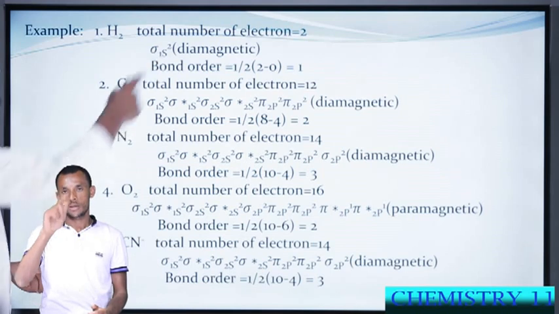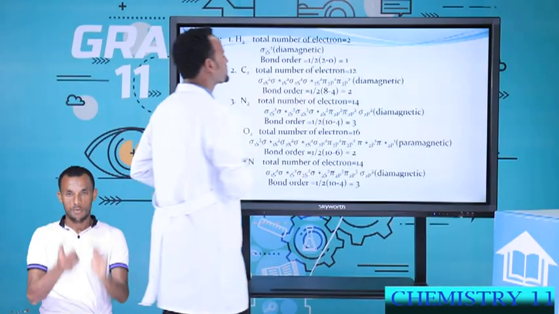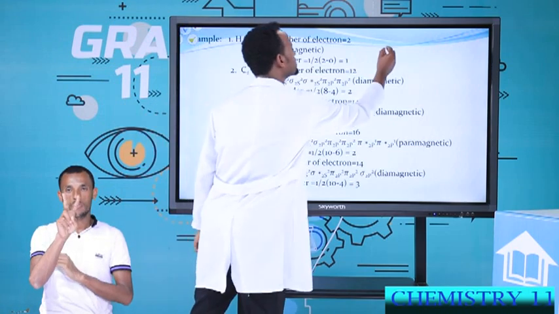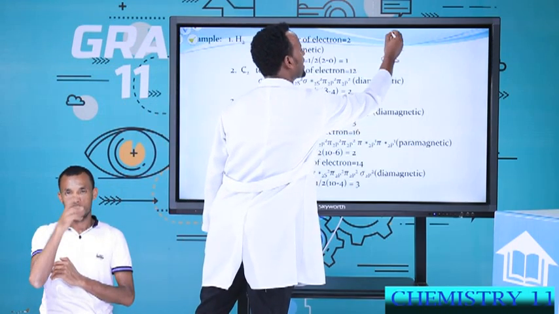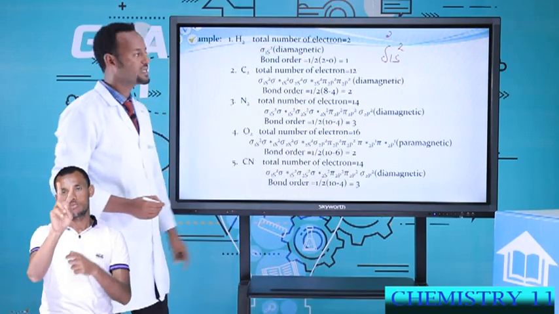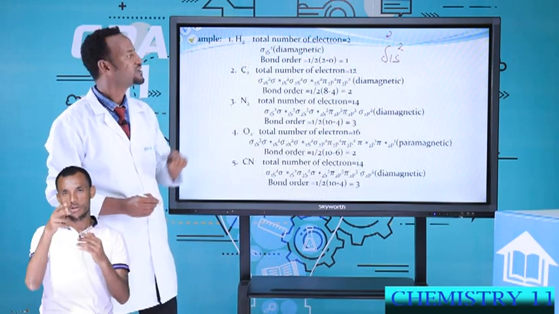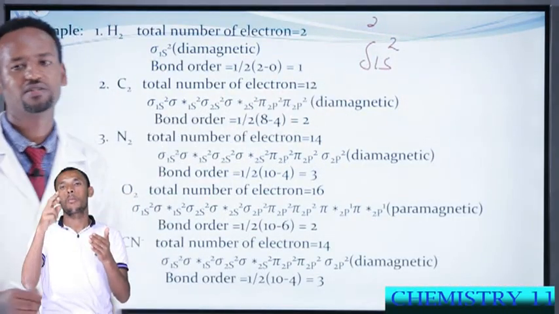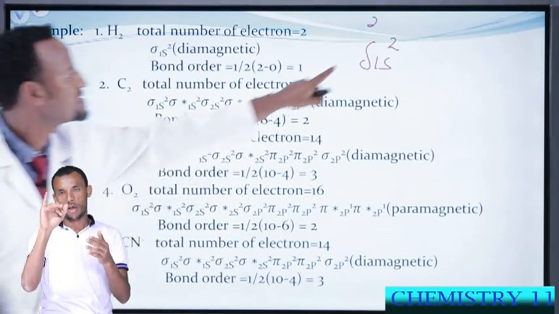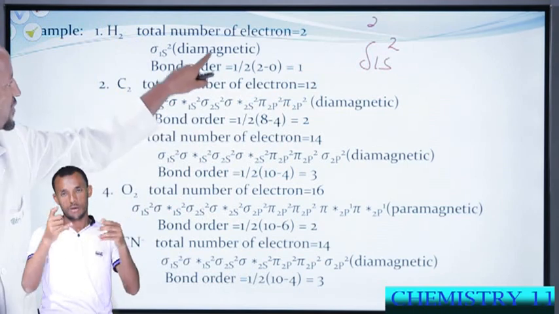Sigma 1s2, because total number of electrons is 2. This is the molecular orbital electron configuration of H2. Students, is this paramagnetic or diamagnetic? Diamagnetic, because this is paired.